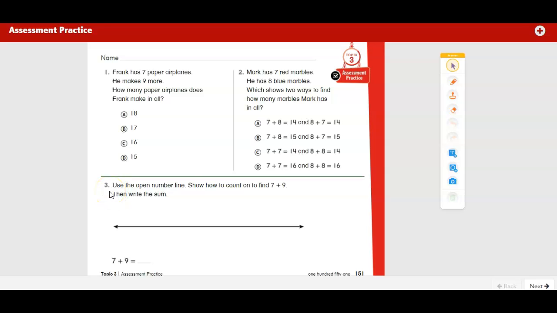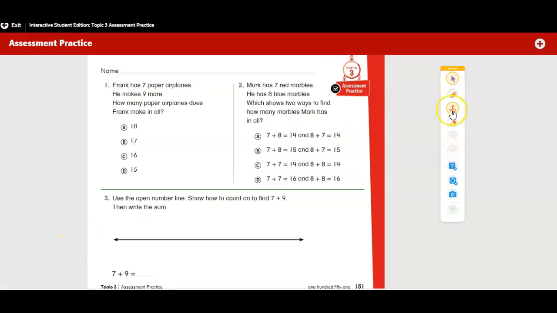Number 3 says use the open number line. Show how to count on to find 7 plus 9. Then write the sum. Now, when solving with an open number line, I want to just give you a quick reminder.